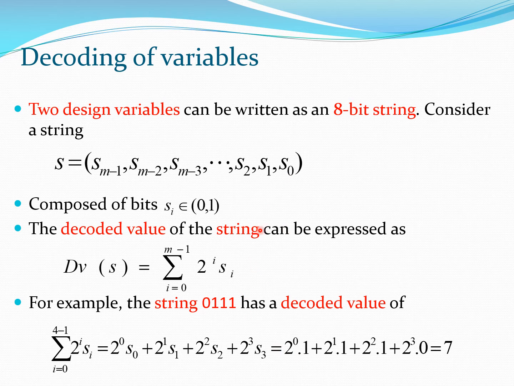So this is 1, S1 is 1, S2 is 1, and S3 would be 0. So this is the expansion which comes out. And then we take 2 to the power 0 is simply 1. So this is 1 plus 2 plus 4. And therefore we get 7 as the decoded value of this string 0, 1, 1, 1. So we have come here from this binary domain to this decoded value domain. But this is still not the actual value of the number. We will see that soon.